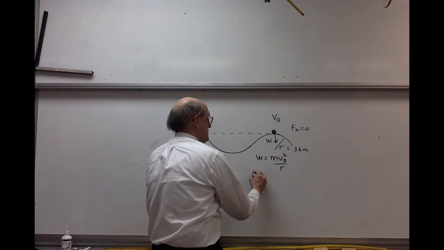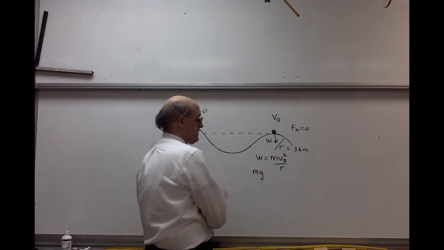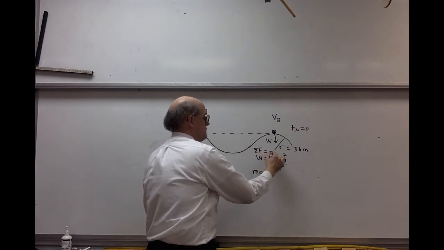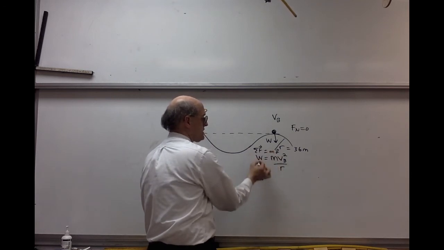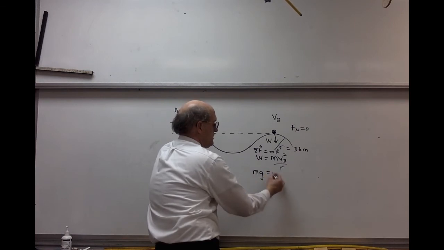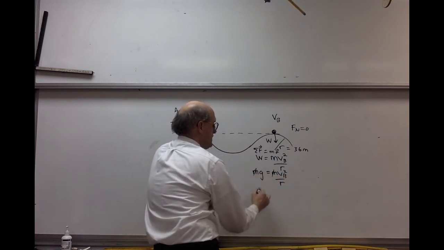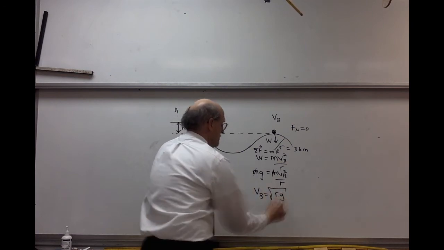His weight from Newton's second law, again, is equal to mg, right? This is Newton's second law too. This is the net force equals ma. This is the acceleration, mass, net force. Okay, his weight is equal to mg. Notice that mass appears on both sides, so the speed v is equal to the square root of rg.